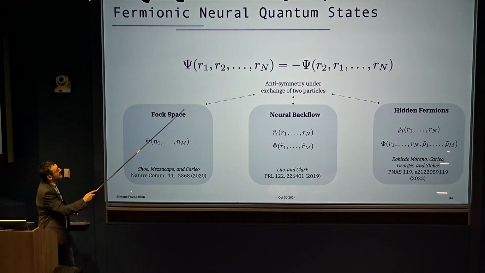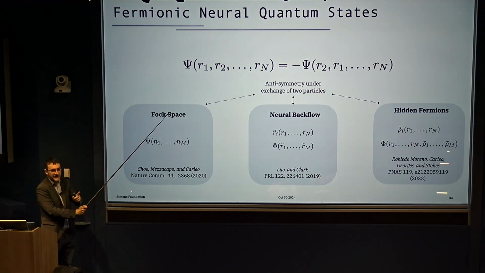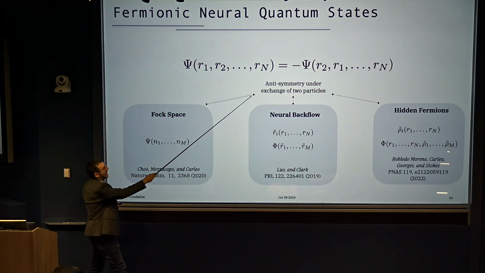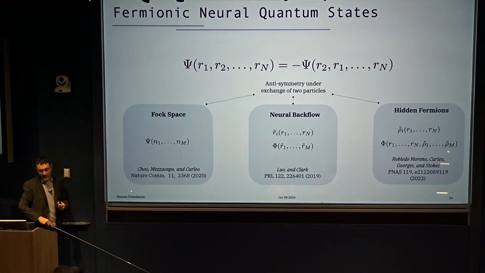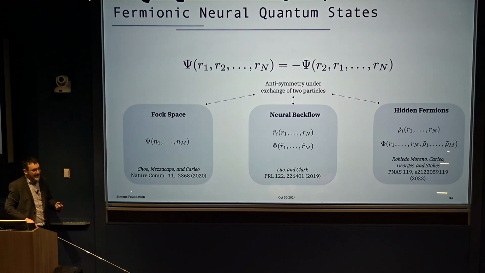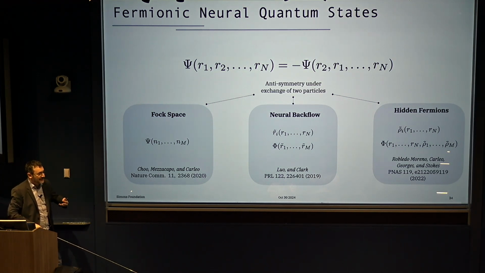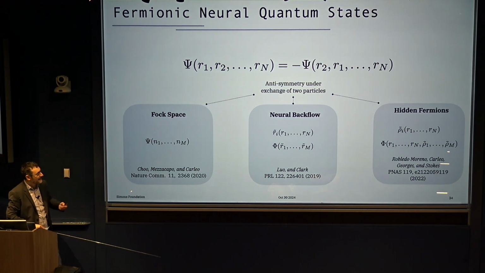The idea is that the wave function, when you exchange the positions of two electrons, must acquire a minus sign. Okay? So this is an intrinsic symmetry of nature that you have to respect also in your neural network. And it's something that is completely atypical. It's not something that you find in applications with cats and dogs or when you play Go with a machine.